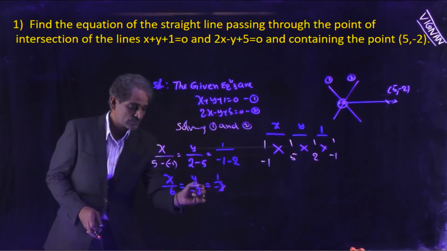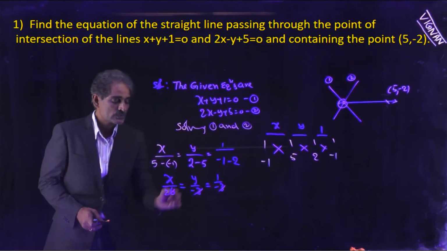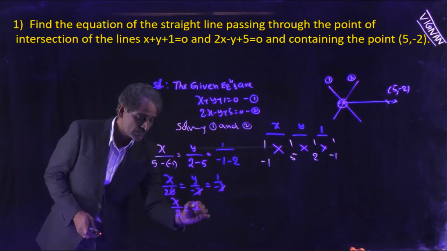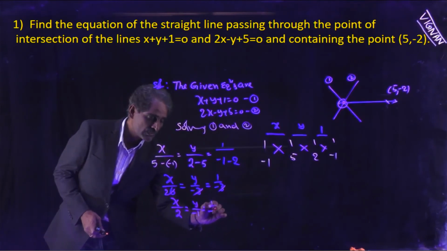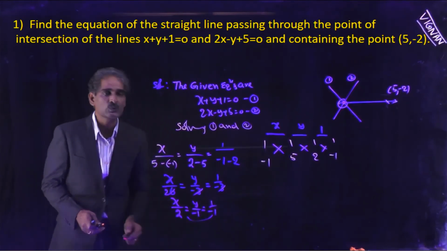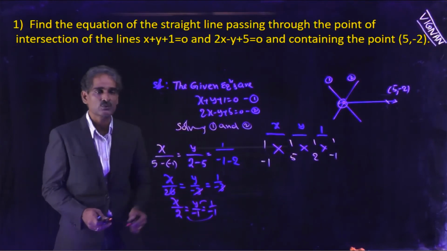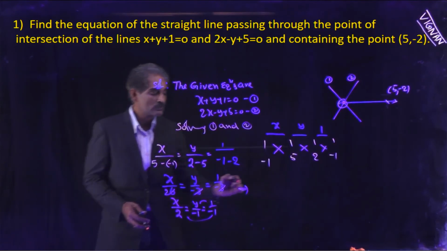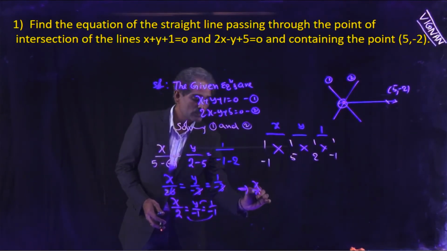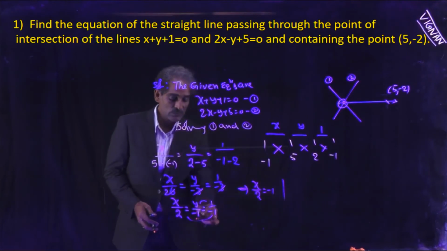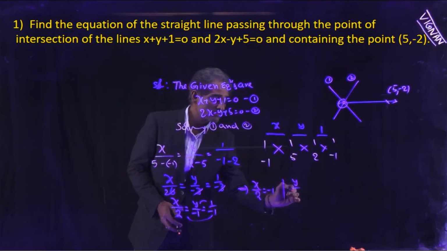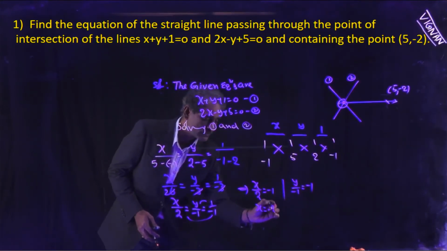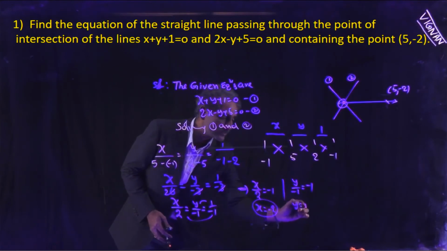So x by 2 is equal to y by minus 1 is equal to 1 by minus 1. By equating these two we can write the x value, and from these two the y value. This implies x by 2 is equal to minus 1 and y by minus 1 is equal to minus 1. So from this x is equal to minus 2 and y is equal to 1.